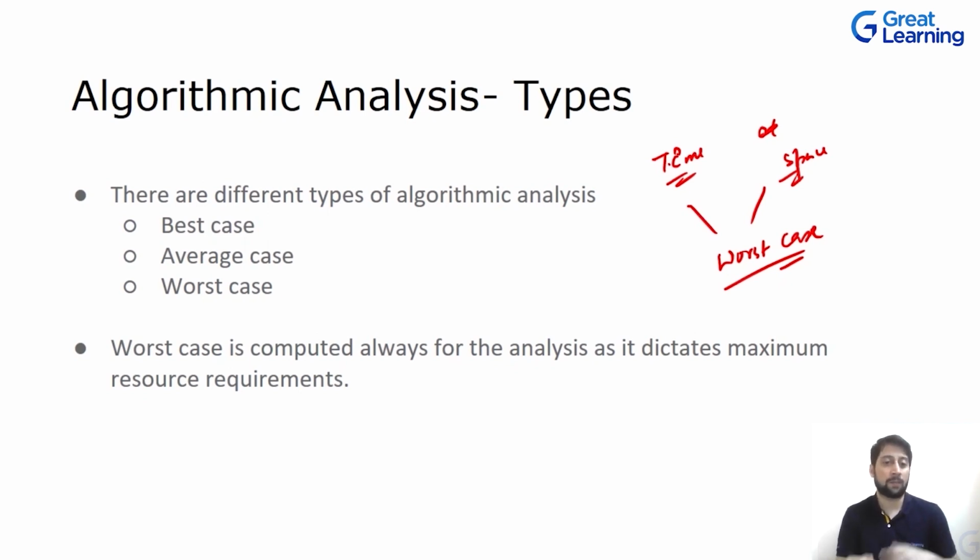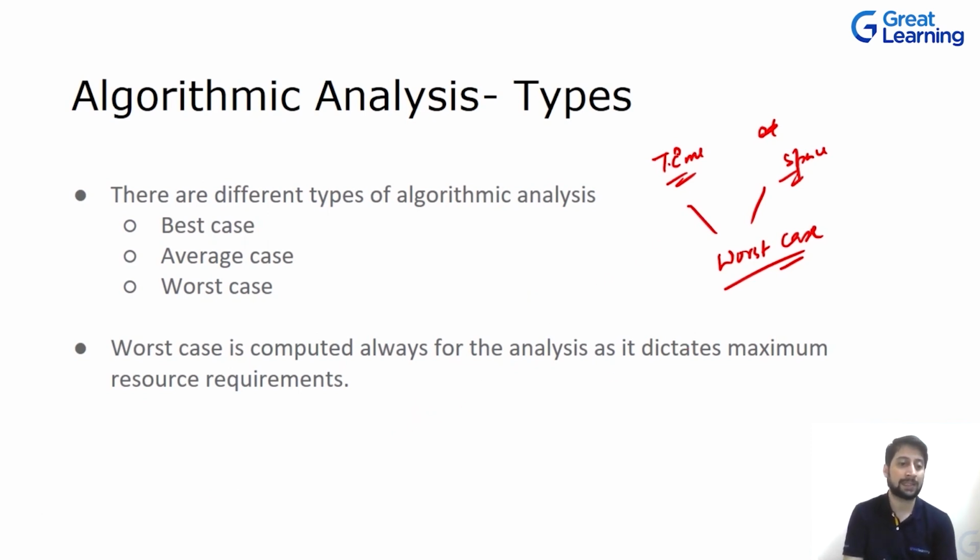It is computed because the analysis dictates the maximum resource requirements. So worst case helps us find the maximum resources that this is going to take. We keep track of those things and we allocate resources in such a manner. So we always talk about worst case.